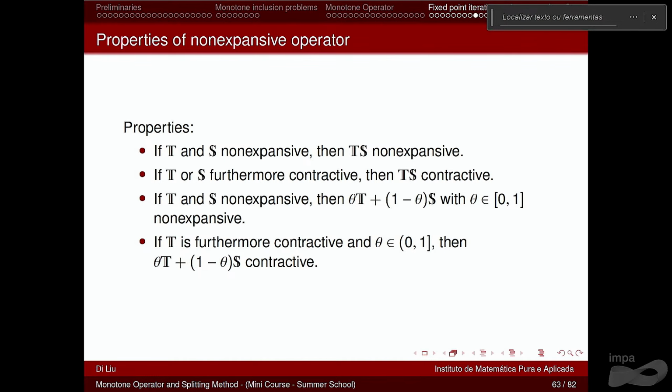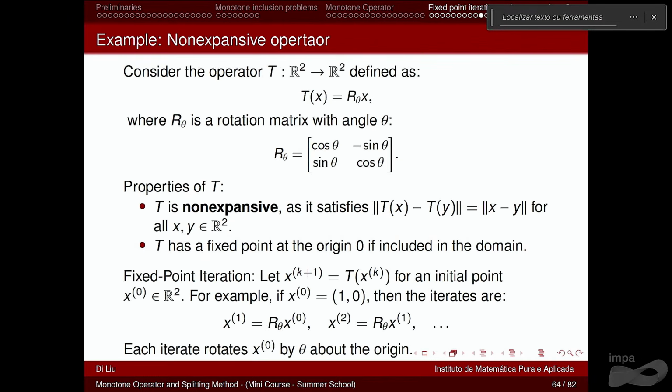The convex combination of T and S is still non-expansive, but theta needs to be between 0 and 1. And if one of them is a contraction, the convex combination is also a contraction, but you need to pay attention that theta cannot be 0. If theta is 0, then it is just the operator S.